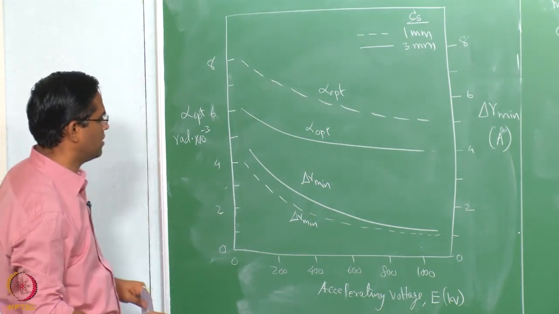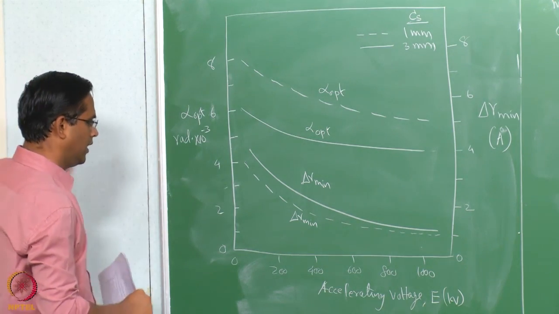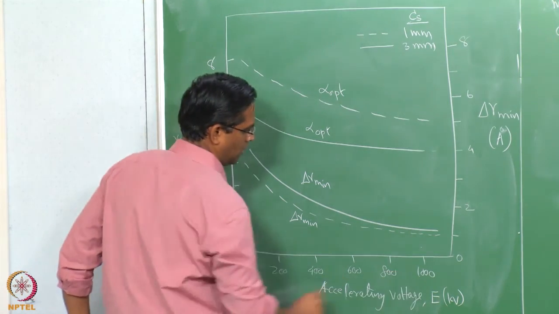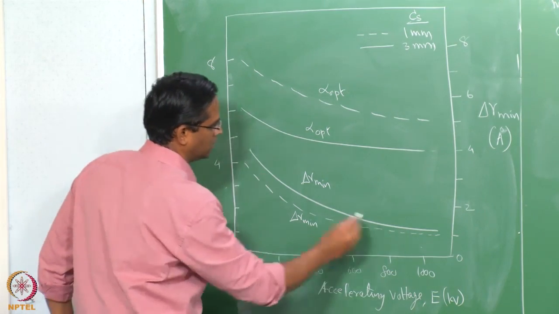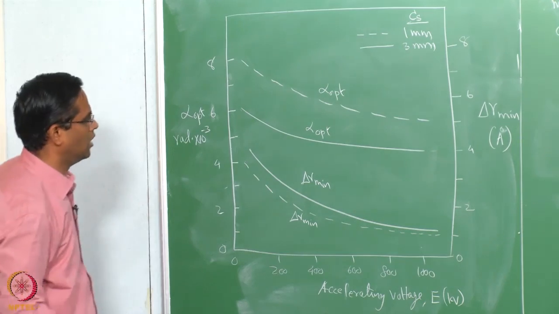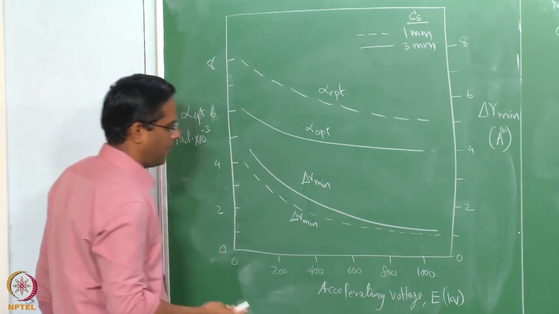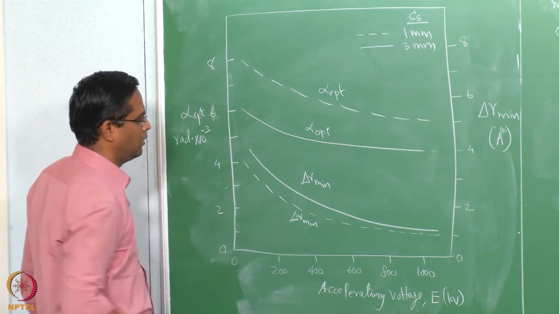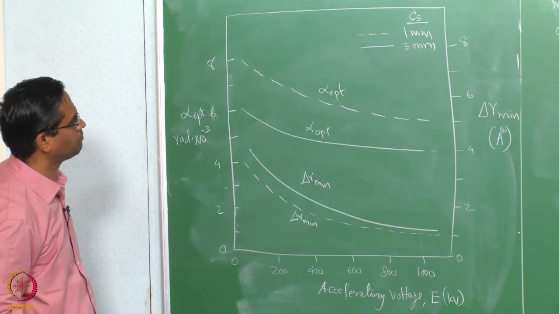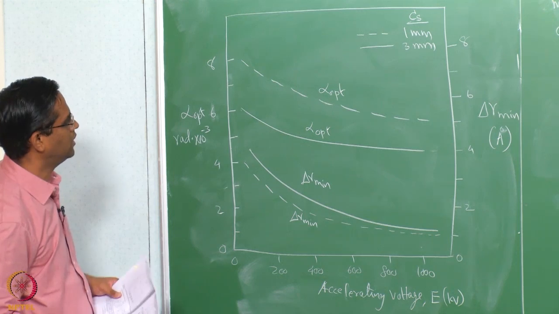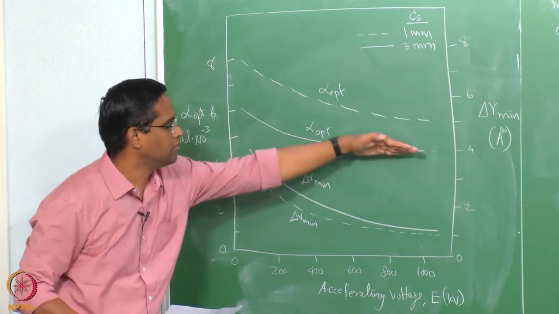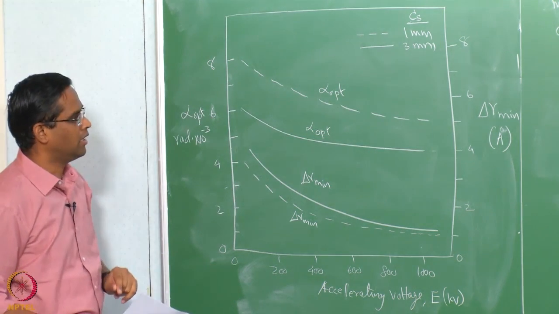So you can see that with the increase in accelerating voltage, these things try to reduce. At least the resolution is increasing, and then delta R becoming minimal. And similarly, you will see how alpha is also changing with the accelerating voltage.